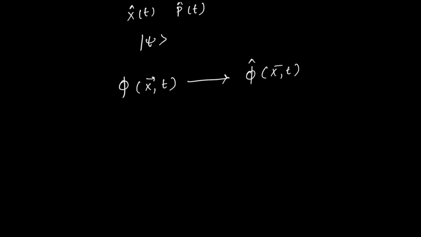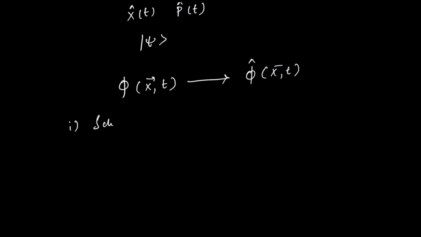So the classical equation of motion of phi will be now a Heisenberg equation for phi cap. Now, out of Schrodinger picture and Heisenberg picture, for quantum field theory, Heisenberg picture is more convenient. Why? We'll just see.